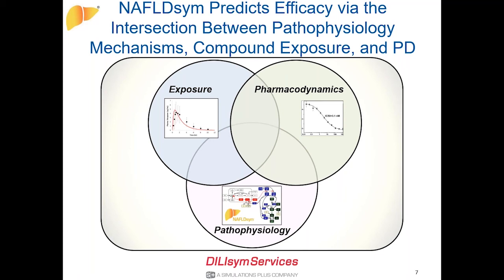So the next step is to formulate and develop a PBPK model. Maybe you've already done so in-house and we're able to use that, or again, we can use GastroPlus and our Simulations Plus approaches to do so.